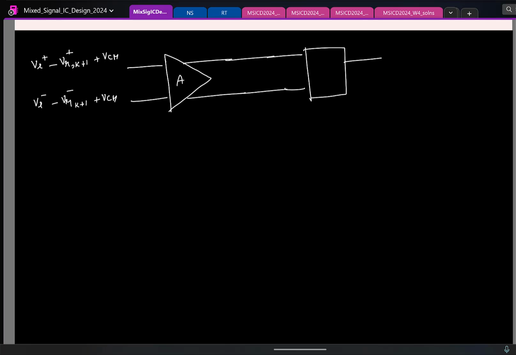If I just look at the differential input here, that is the differential input minus the differential k plus 1th reference. Individually I will feed it like this, but the difference is this. So what can you say about the differential output here? A times that.